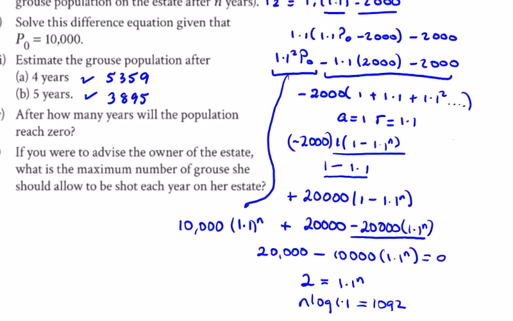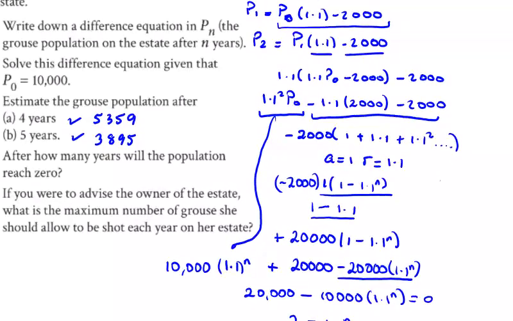And if you're advising the owner of the estate, what's the max number she should allow to be shot? I suppose this is so they don't go extinct. So this kind of brings us back up to this point here. So the 20,000 comes from this, the amount being culled divided by this 0.1.